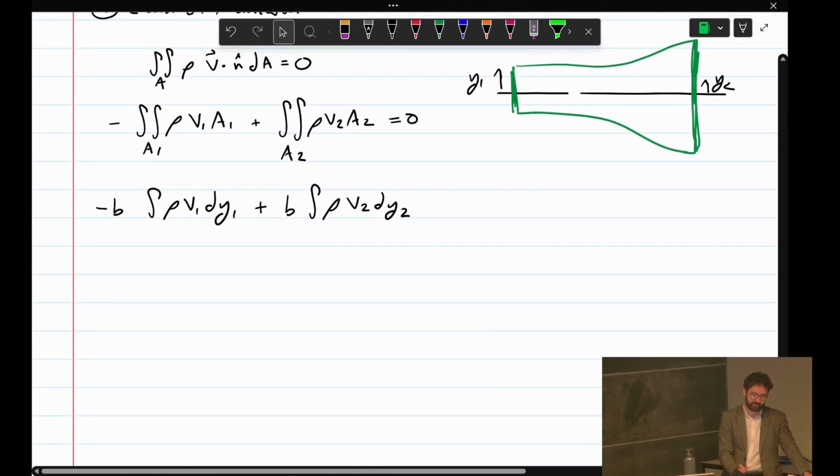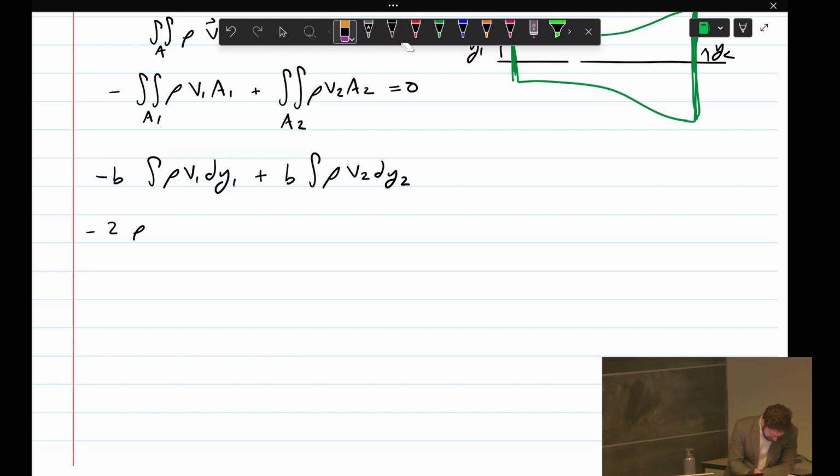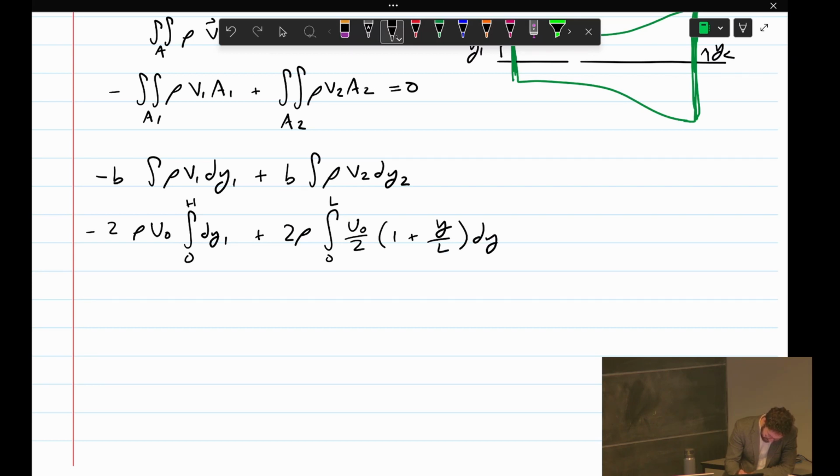Since this is a symmetric velocity profile, we can just do half of it. So that will be negative 2 rho, v1 is u0, and it's constant along that. So integral 0 to h dy1 is 2 rho integral 0 to L, u0 over 2 times 1 plus y over L, dy equals 0.